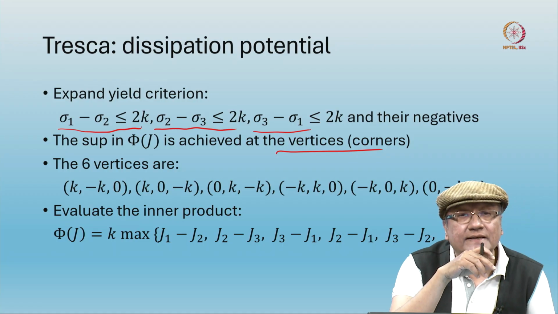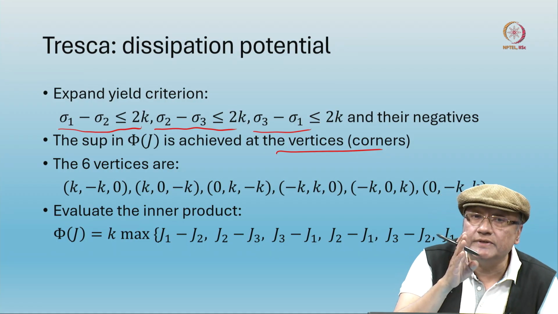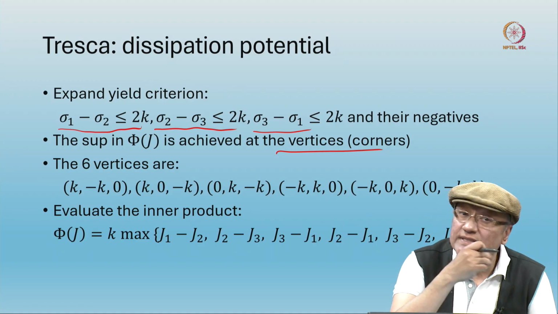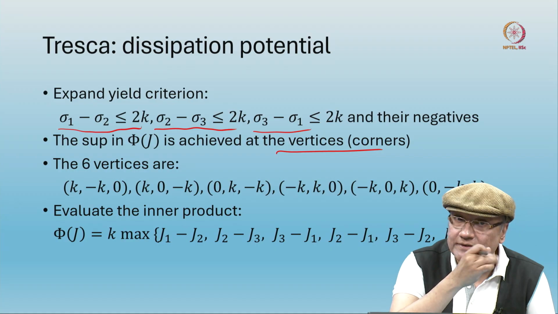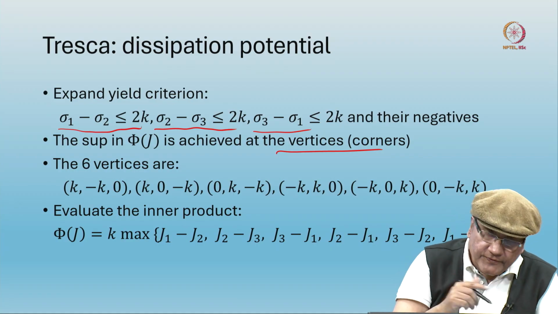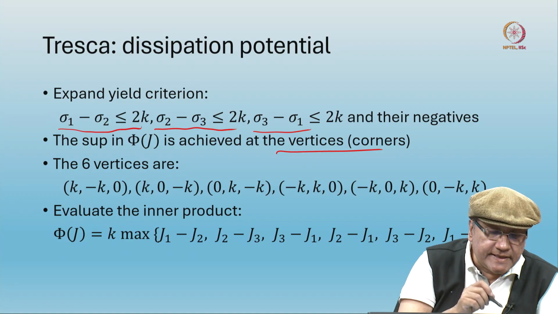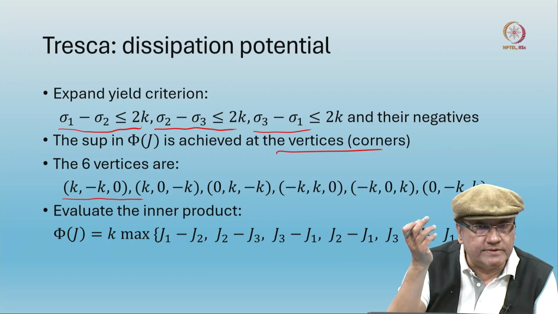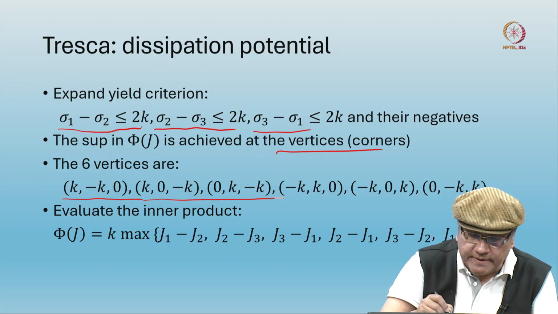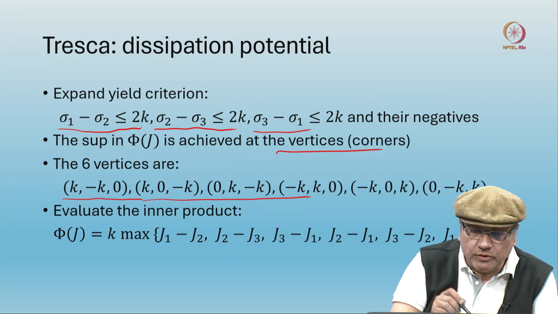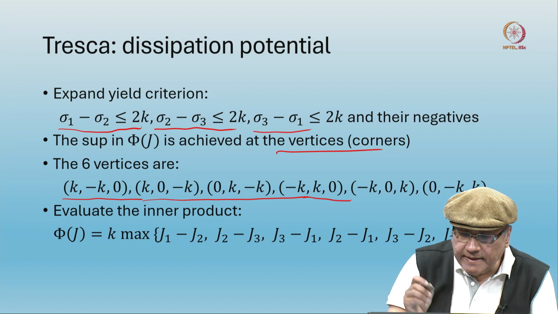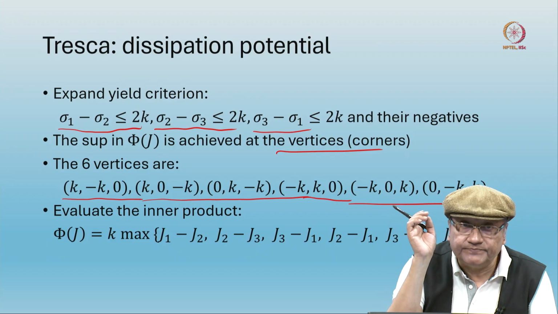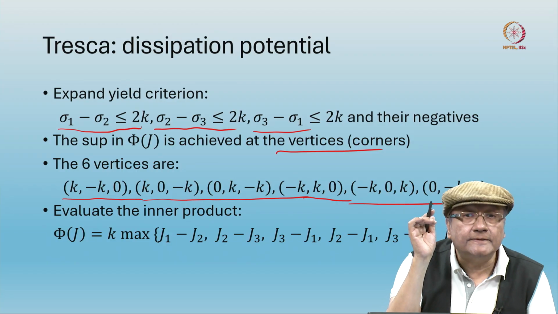In this particular case there is no collinearity of the strain rate j, or epsilon p dot, with sigma 0; they are not collinear. So first let us find these 6 vertices: minus k, k, 0; then k, 0, minus k; 0, k, minus k; then minus k, 0, k; and 0, minus k, k. Six vertices are there.